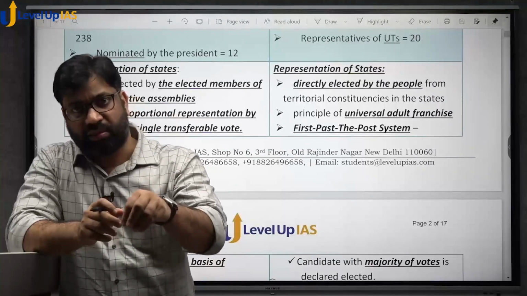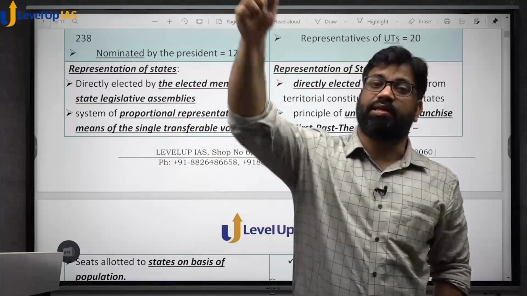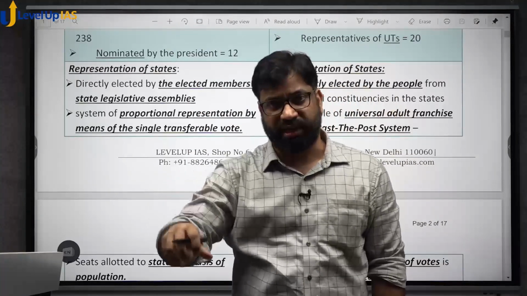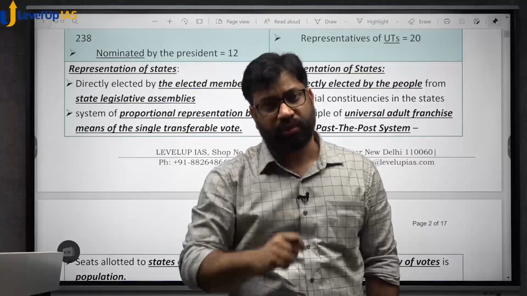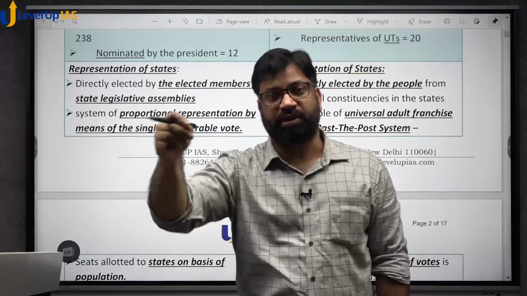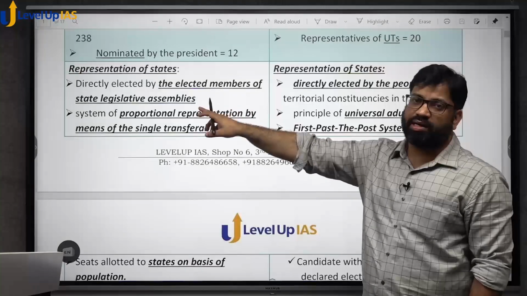These elected members will elect the members of the Rajya Sabha. Now every state has a certain number of Rajya Sabha seats depending on its population as per Schedule 4. So that number of seats is filled by the elected members of the state legislative assembly.